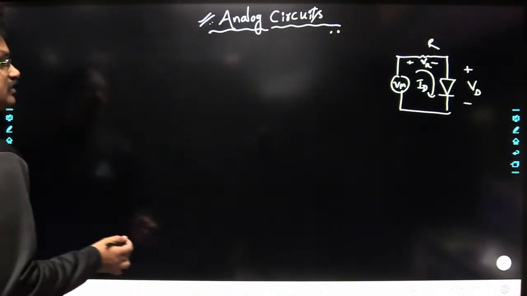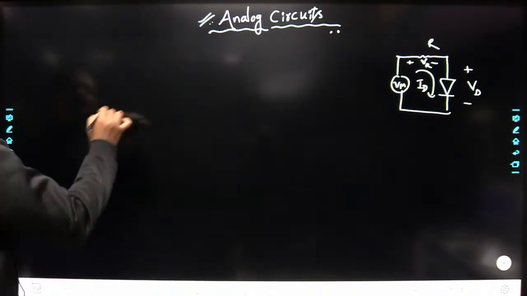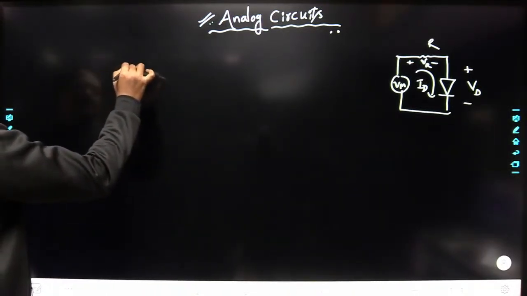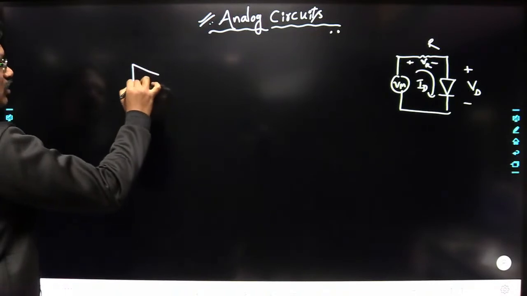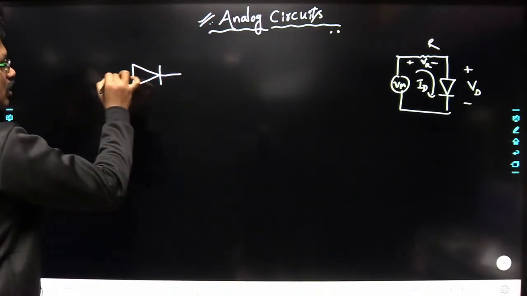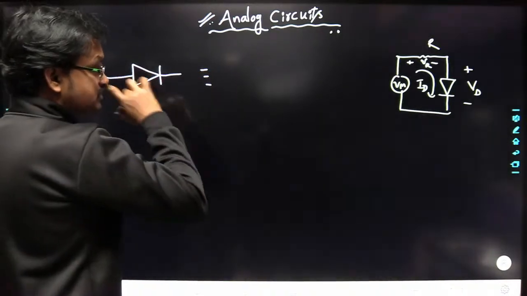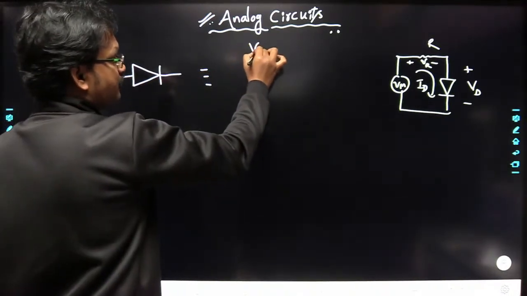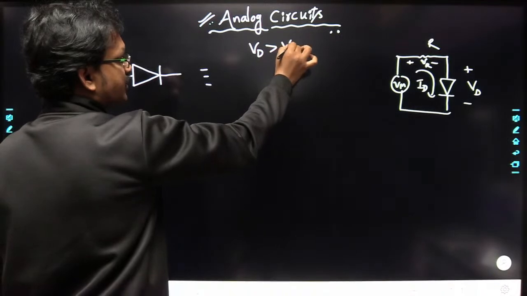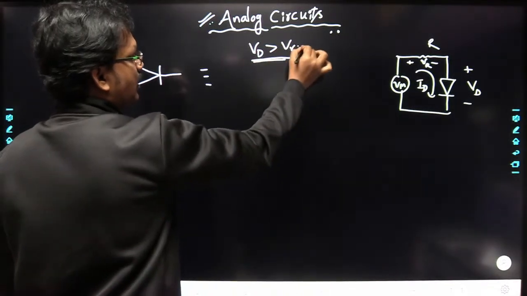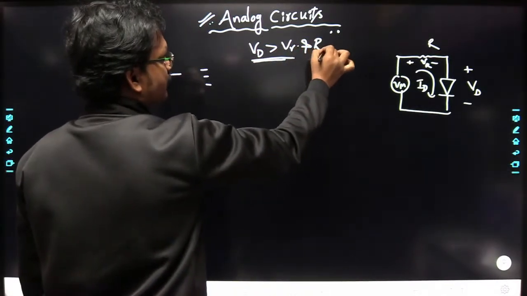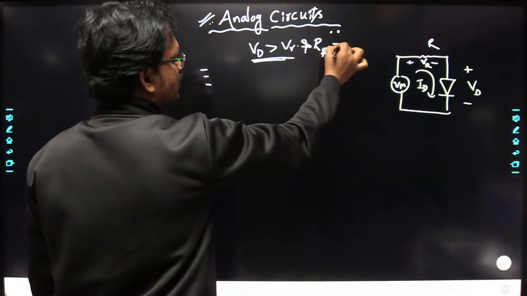What I said in the previous sessions is, if the diode is operating in forward bias, that means VD is greater than V gamma, and the forward resistance RF is not equal to 0.